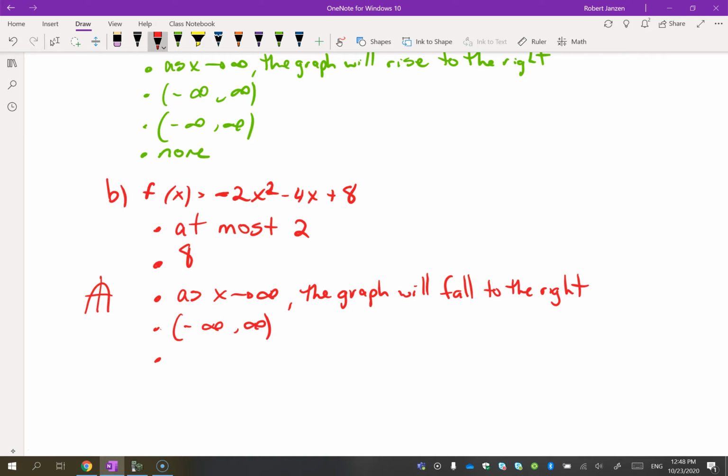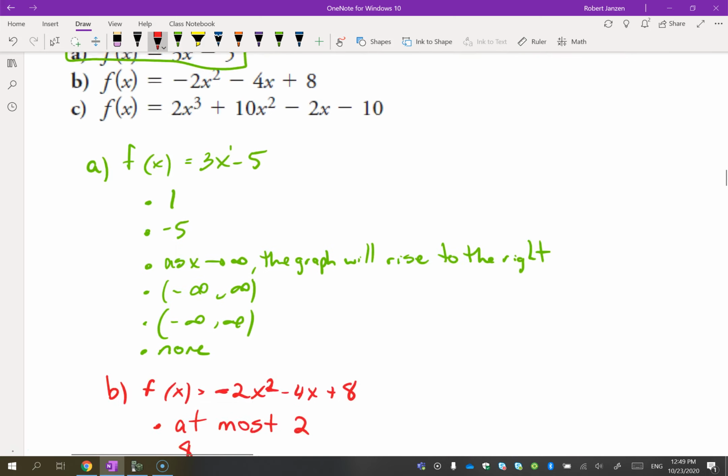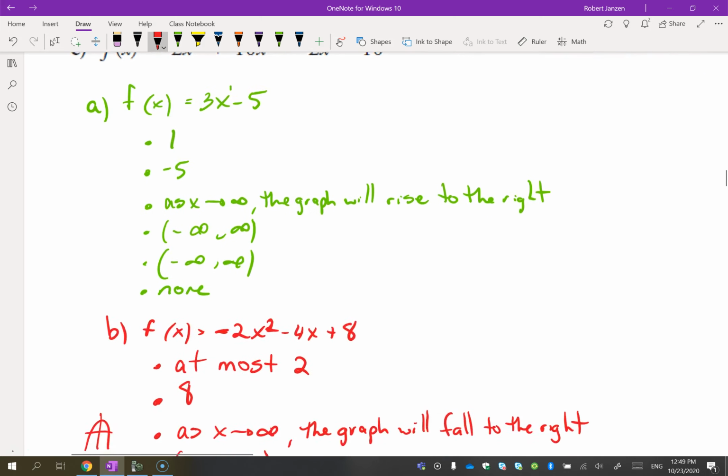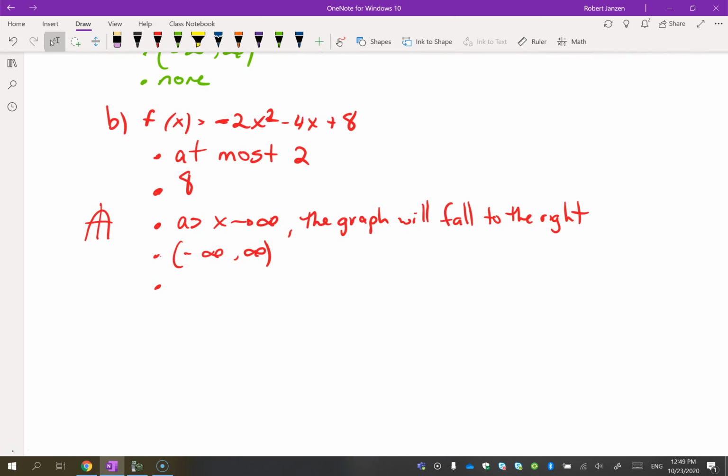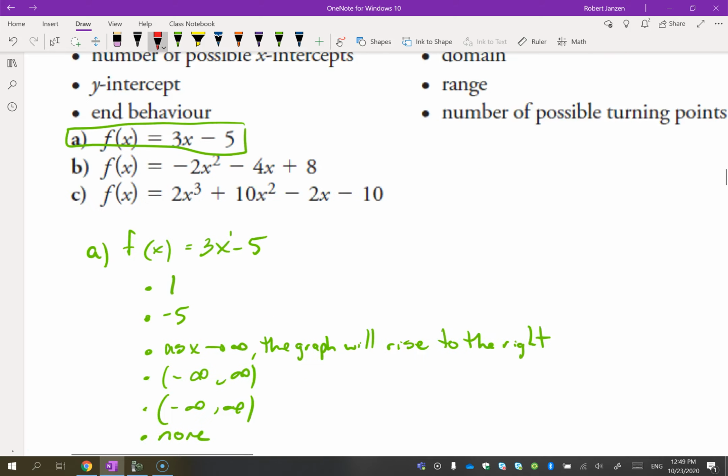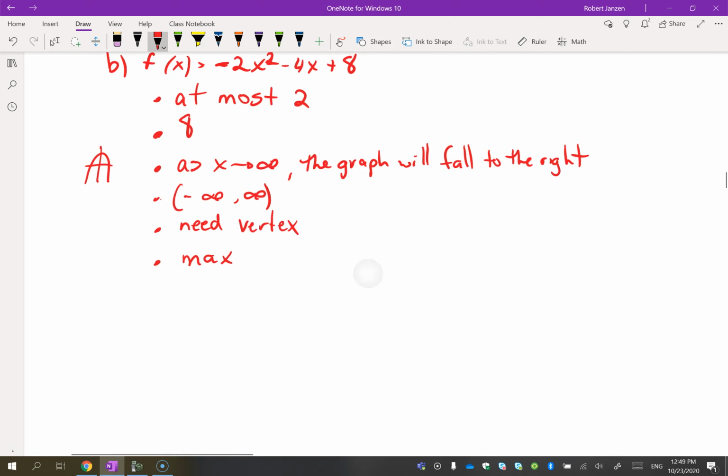The range, well, we would need to know the vertex, and we're not going to get that just by looking at the graph. So we're going to leave that one blank for a second. I'm just going to say need the vertex. And this will have a maximum. It says number of possible turning points, so it will have one turning point.